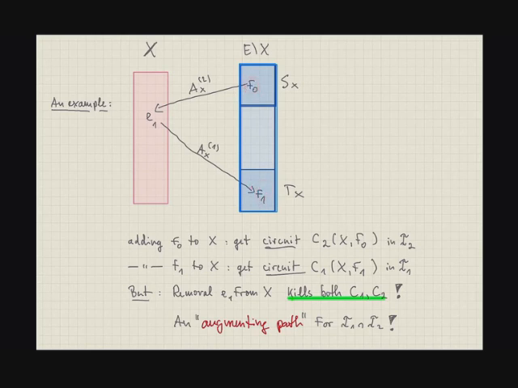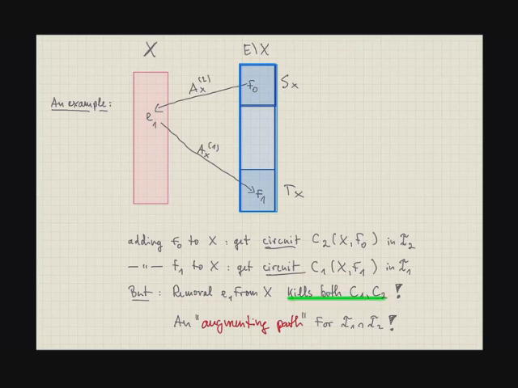So once again, adding element F0 to the set, we would get a circuit with respect to the second matroid, and adding element F1, we would get a circuit with respect to the first matroid. And the removal of this one singleton element from X, here on the left-hand side, actually allows me to kill both circuits.